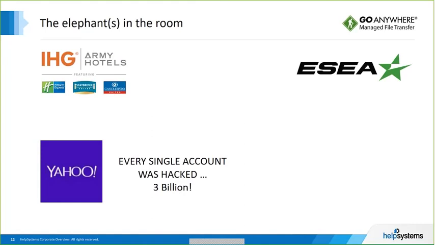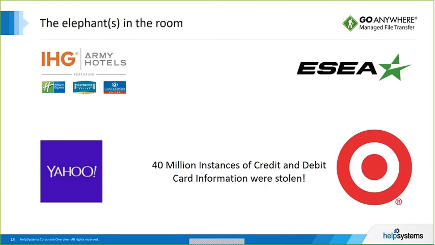Yahoo. If you have a Yahoo account, it was hacked. 3 billion accounts hacked. Information. User IDs, passwords, names, locations, any information that they had associated to that account was hacked. Target.